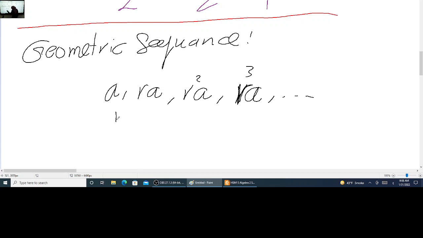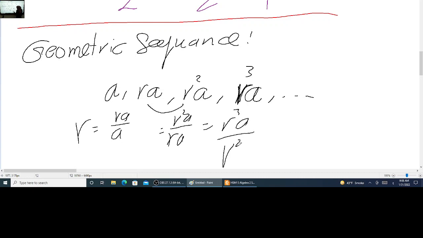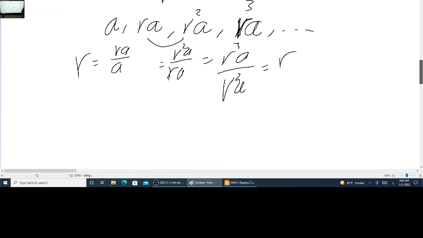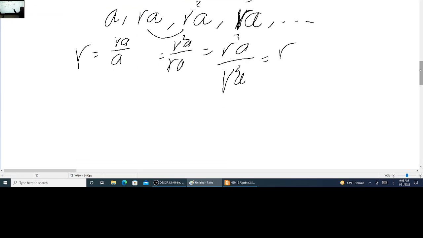Note that here ra over a is r, r squared a over ra is also r, and r cubed a over r squared a is also r. So if we have a common ratio, then we say that this sequence is a geometric sequence.